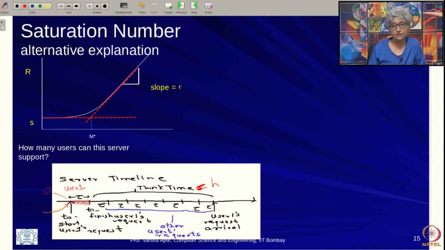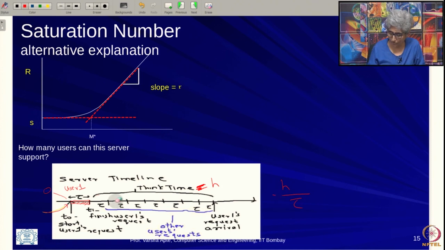So, we know that the next request from this user is not going to come for h more seconds. The question then is, how many users can the server process in this time while the other user is busy thinking? That is nothing but in this h time how many taus can we find, right. So, this is going to be equal to h divided by tau.